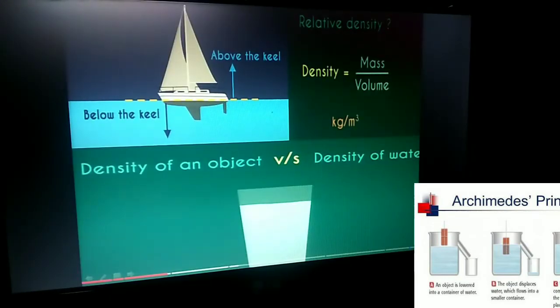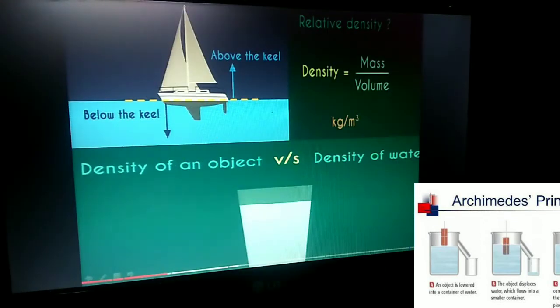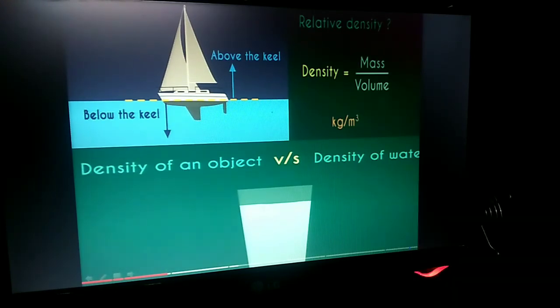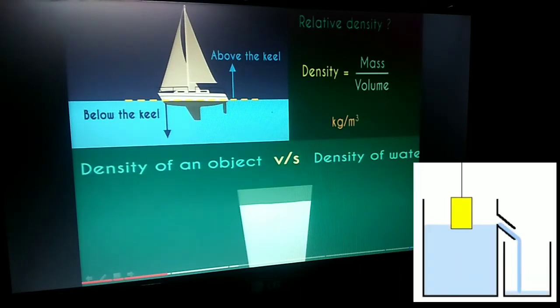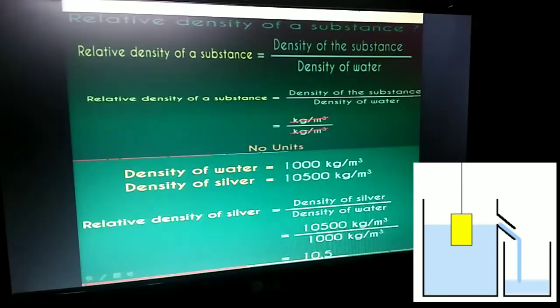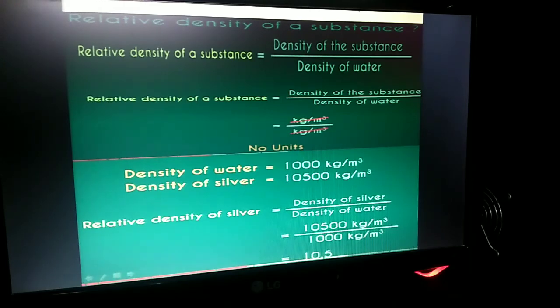From his principle, he has given the definition of relative density. Density is the ratio of mass to its volume, that is kg per meter cube. Density of an object versus density of water. So, relative density of a substance is the ratio between density of the substance to density of water.